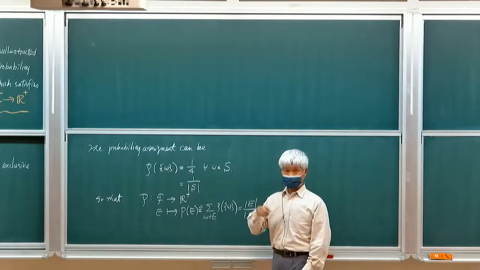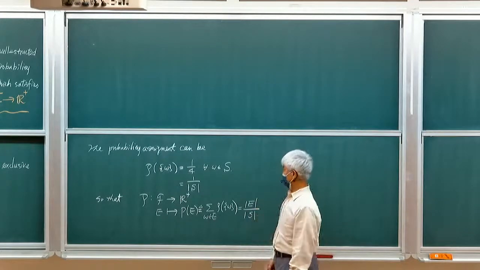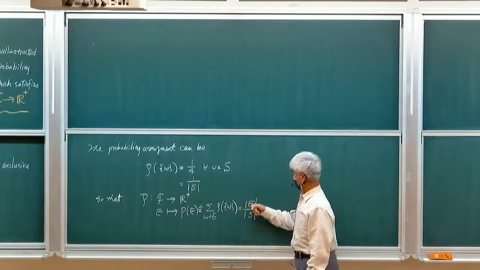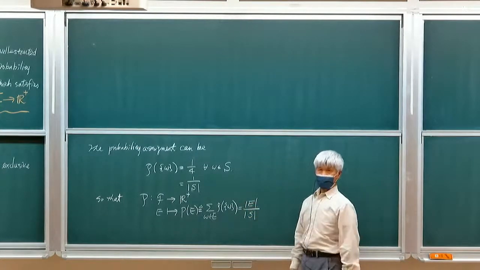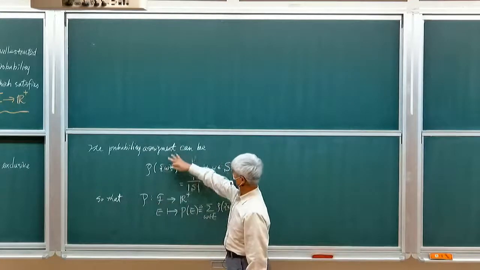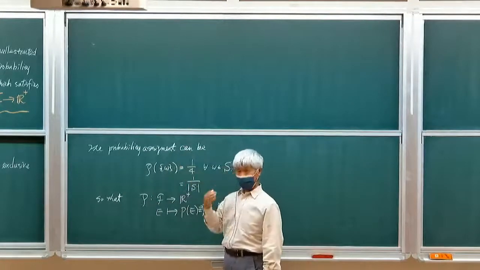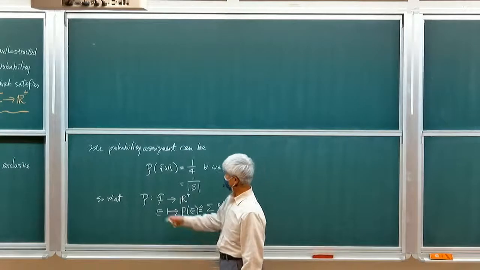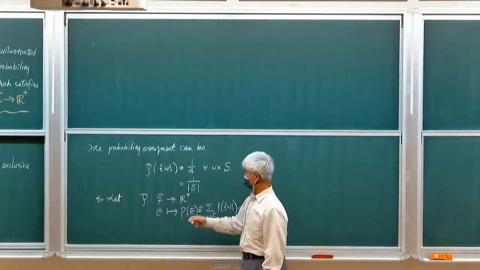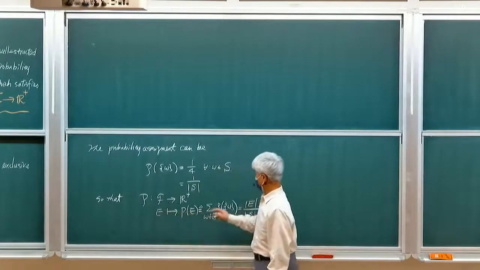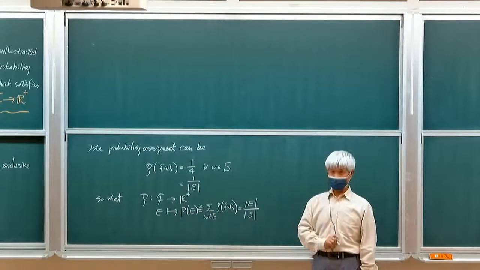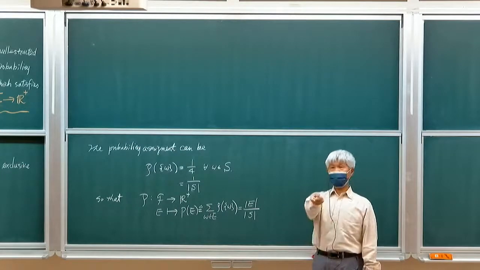So we just count the number of outcomes in the event. So this becomes this ratio. With this understanding, our definition of the probability assignment is that for every event, the probability is just this ratio. You can say it's a definition. It's just your assignment, right?